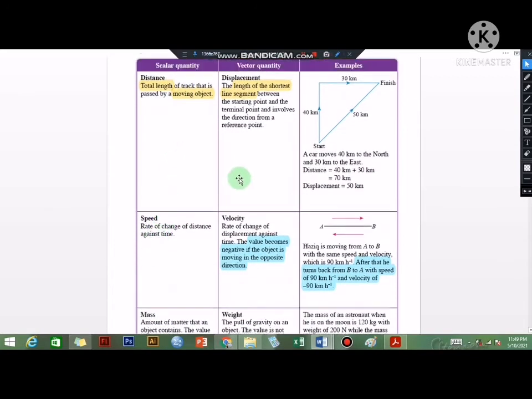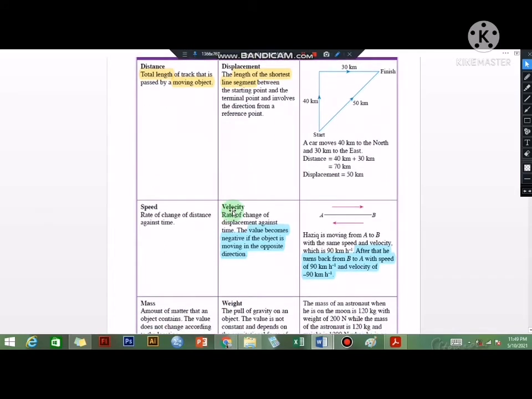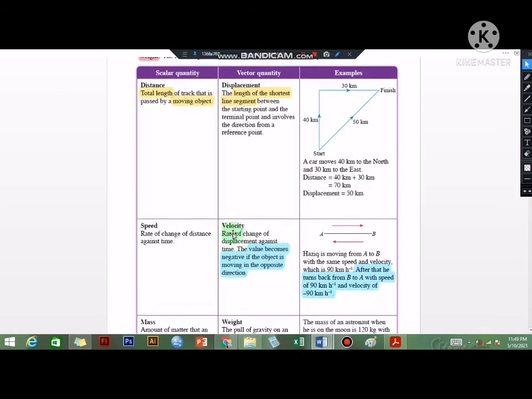Remember that one. Now look at the velocity. Velocity is the rate of change of displacement against time. The formula of velocity uses displacement against time.